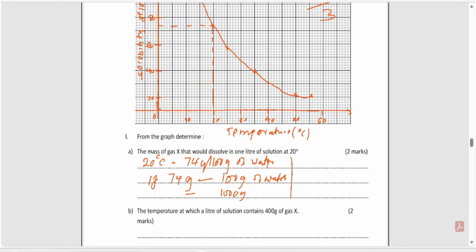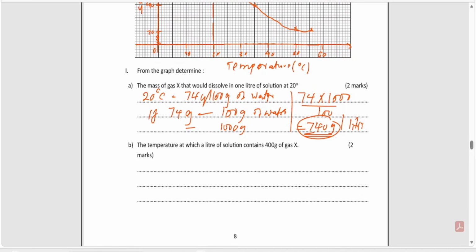So here, just do the cross multiplication. 74 times 1,000 divided by 100, and you're going to get 740 grams, and it is in 1 liter. So the mass here is 740 grams per liter.